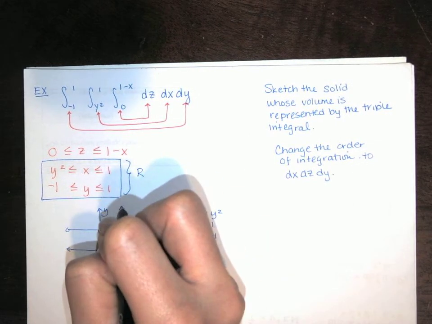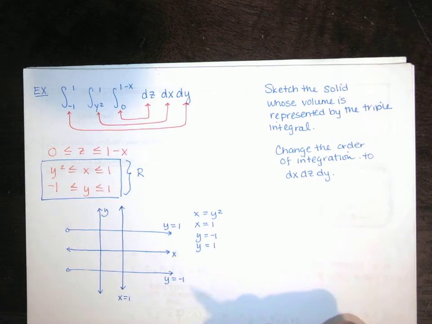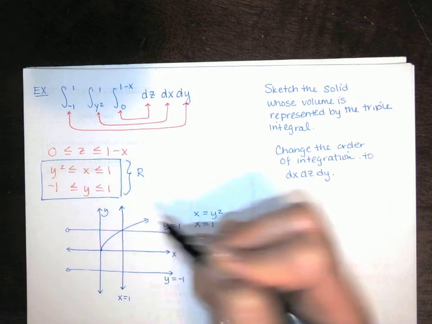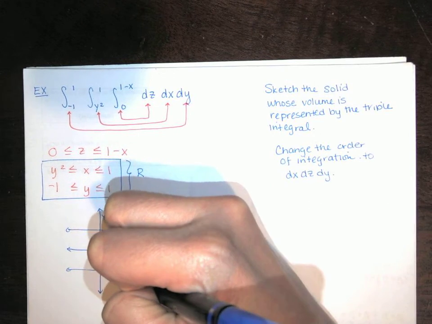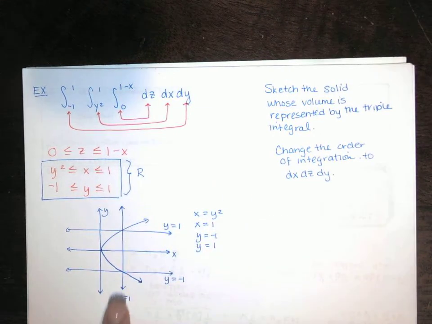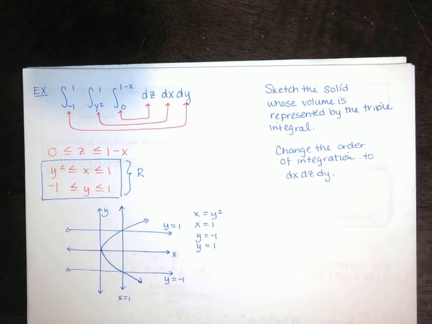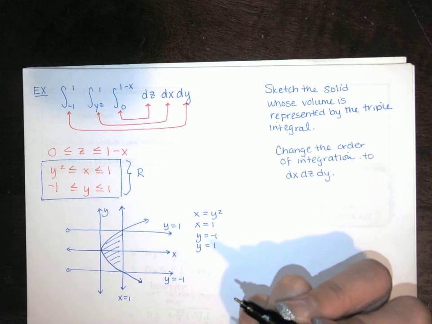X equals 1 looks like this. And x equals y squared is a parabola on its side, and it turns out to intersect right there at x equals 1, y equals -1, and x equals 1, y equals 1. So our region R in the xy plane looks like this.